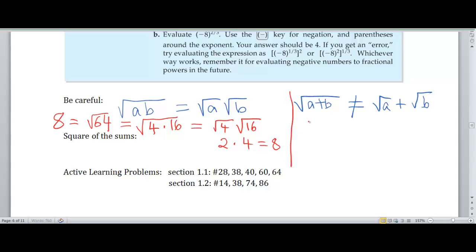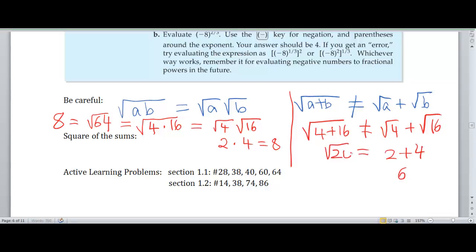But for the square root of a plus b, the square root of 4 plus 16 is not equal to the square root of 4 plus the square root of 16. Look at this. This is 2 plus 4, which is 6. This is the square root of 20. Square root of 20 is what? It's going to be less than 5, because the square root of 25 is 5.